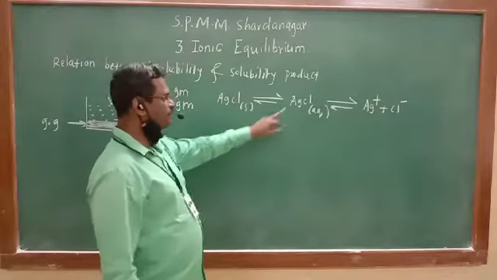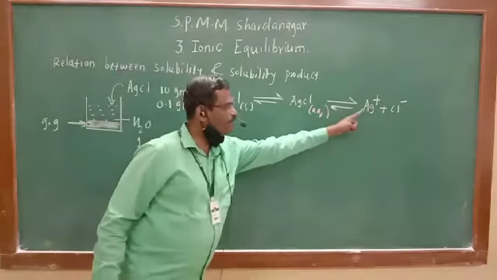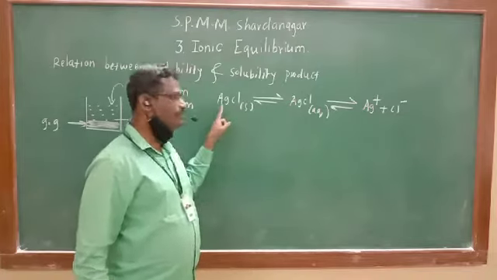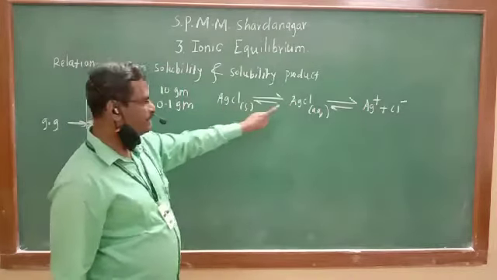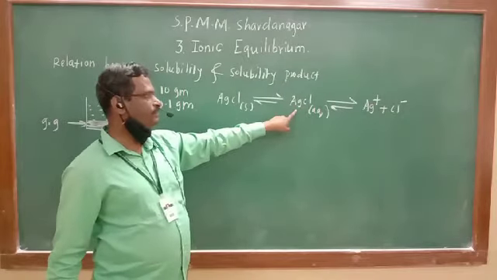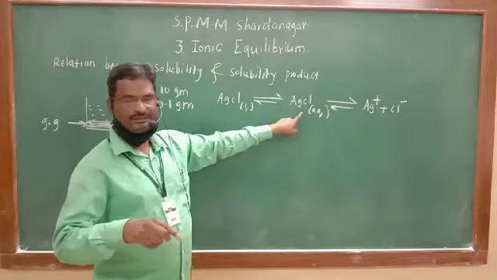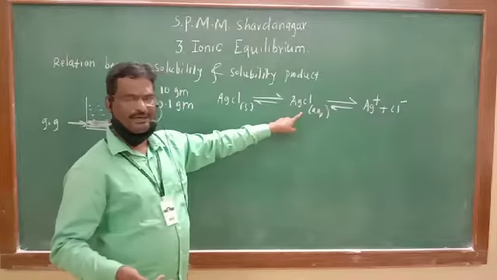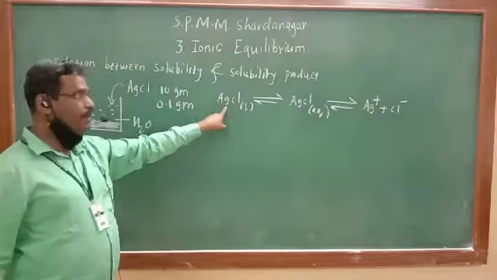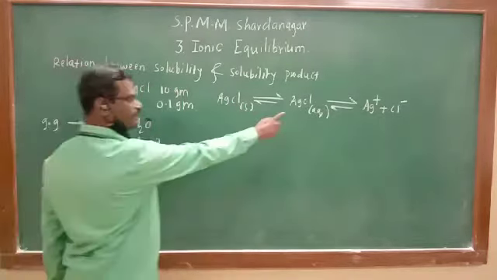Here is equilibrium between ions and unionized part, and equilibrium between dissolved and undissolved part. The concentration present in the liquid state remains constant, because as it is taken out, more and more quantity from solid AgCl will dissolve into the liquid state.